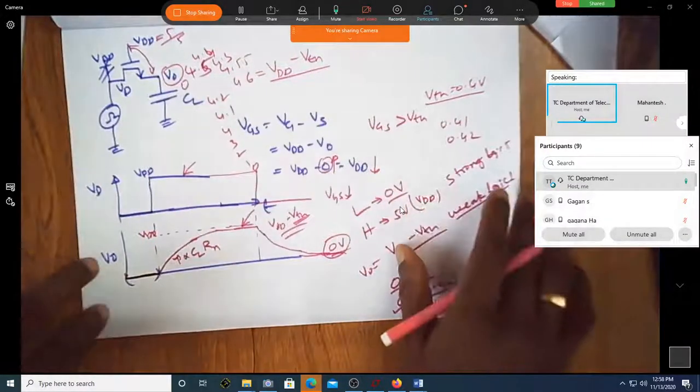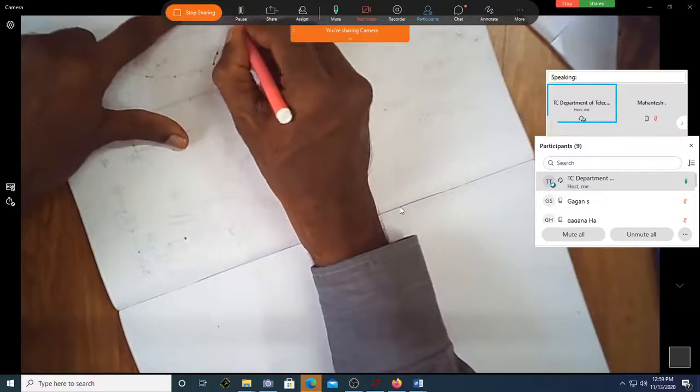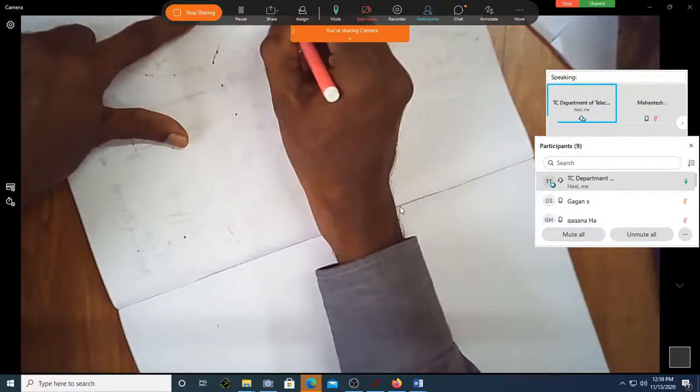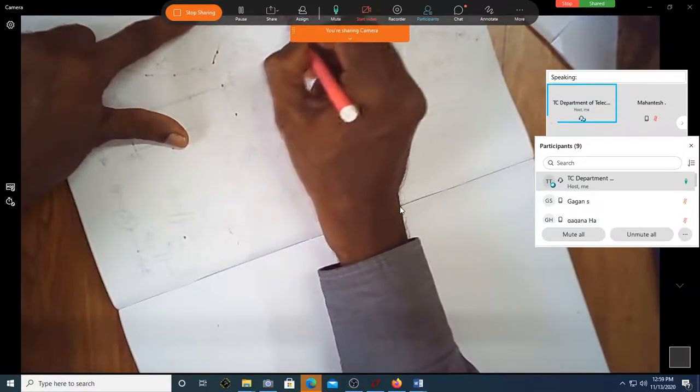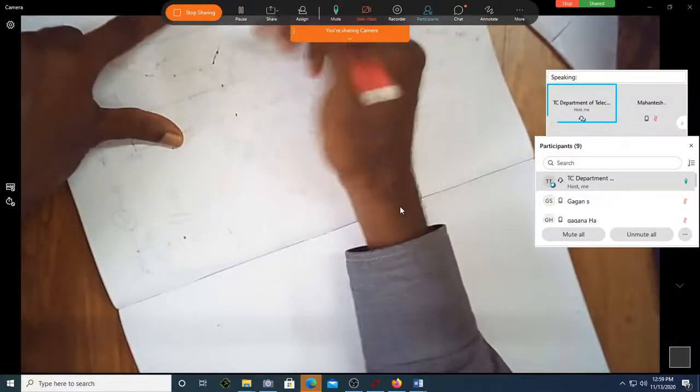Now let me just consider a circuit something like this. This is A. Of course, let me have it as a capacitor. You'll not have a lumped capacitor, it's a parasitic capacitor.